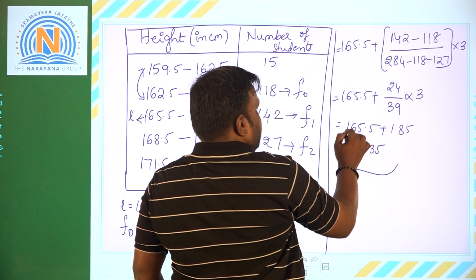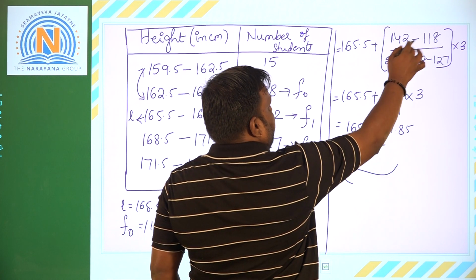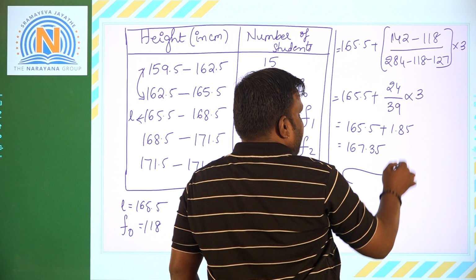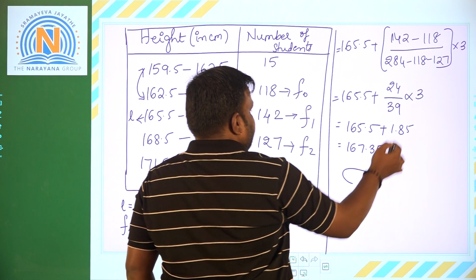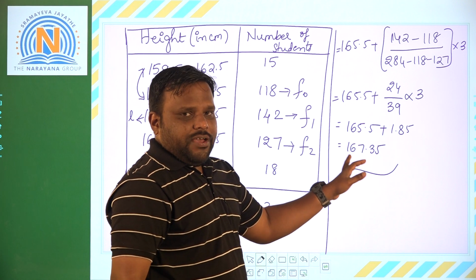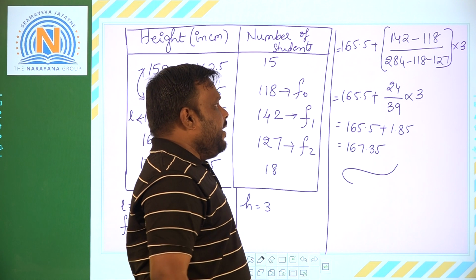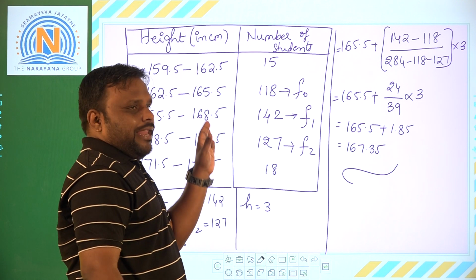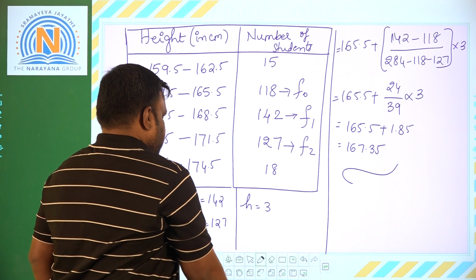On simplifying, 165.5 plus 24 by 39 into 3. 24 by 39 into 3 is something like 1.85. 165.5 plus 1.85 gives you 167.35. So this is how we calculate the mode for this question.